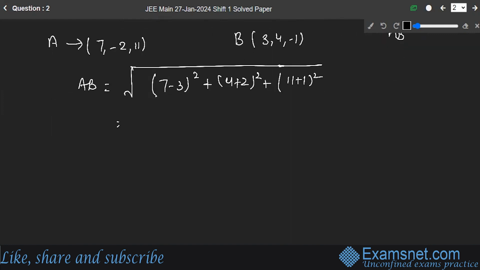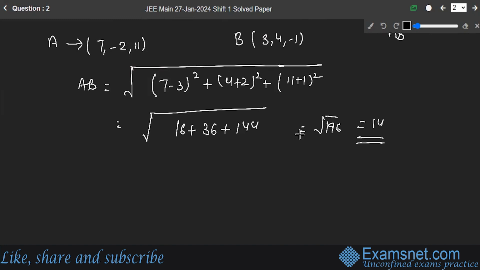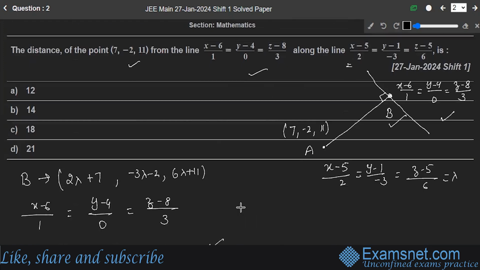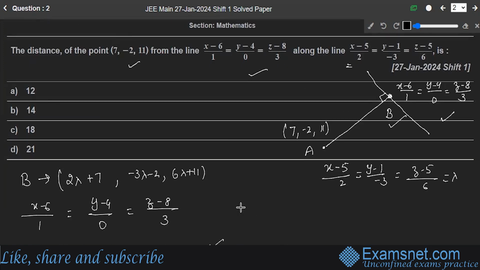So 4 square, let's write it: we have 16, 36 and 144. This is equal to 14 units. So this is the answer to the question, the distance is 14 units. We have option B as the correct answer.